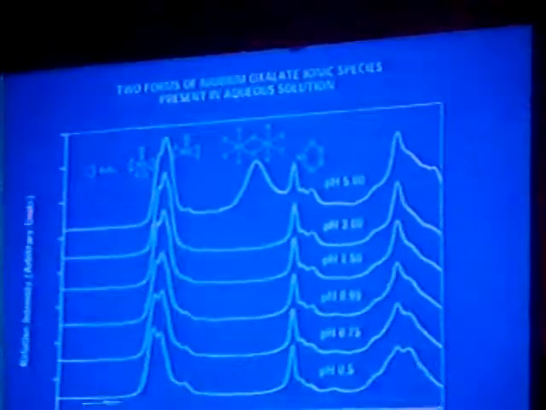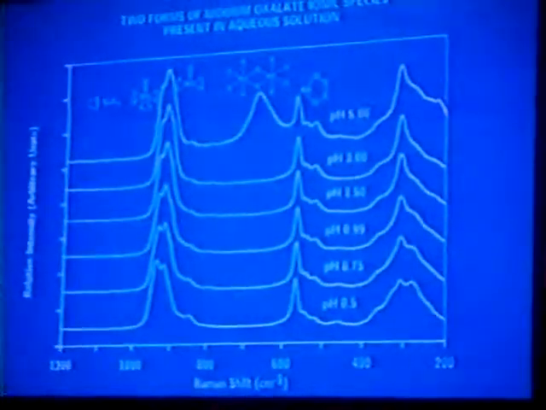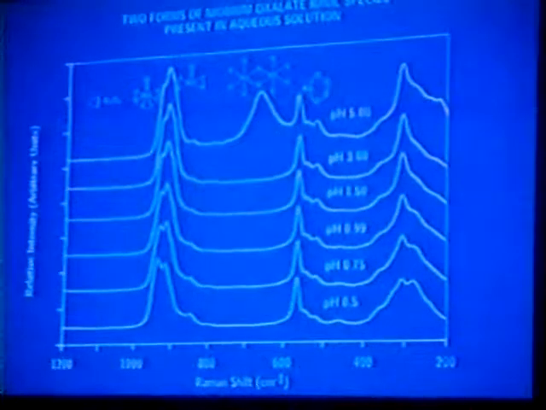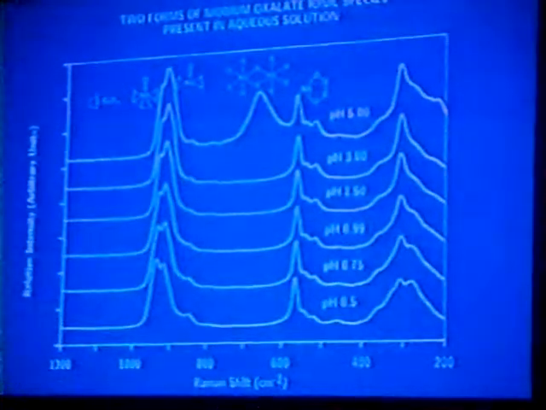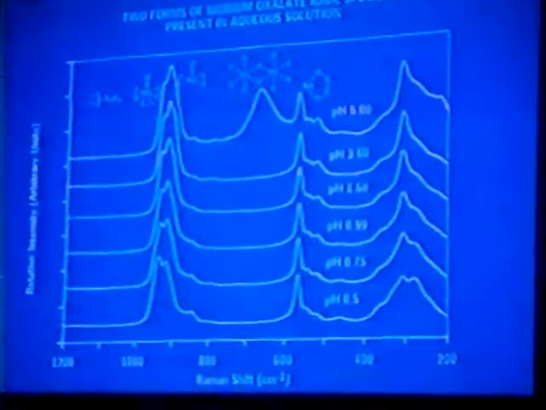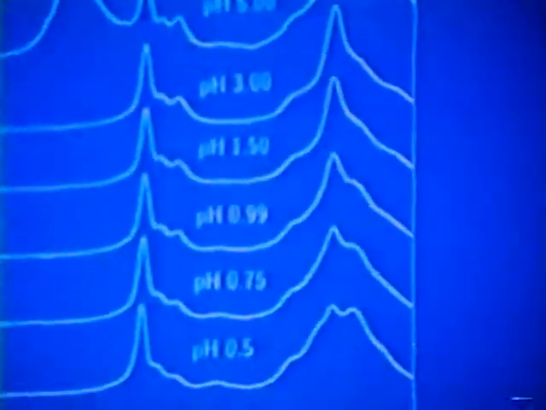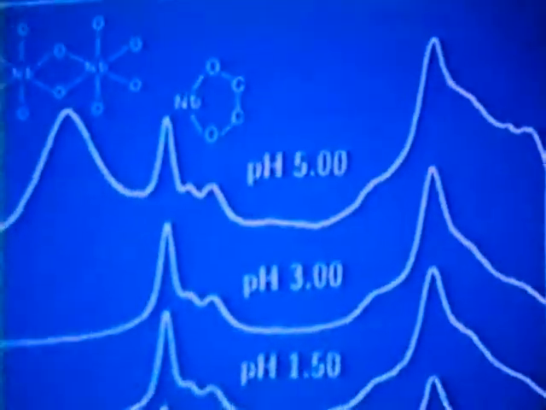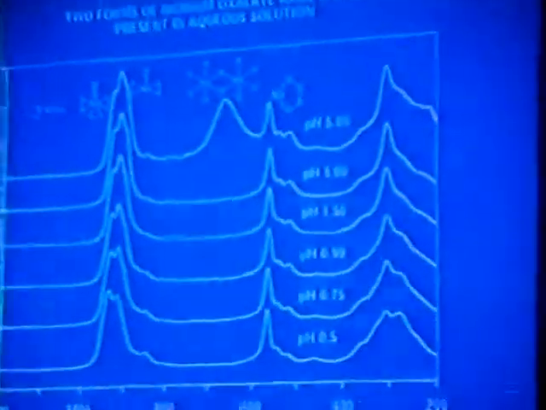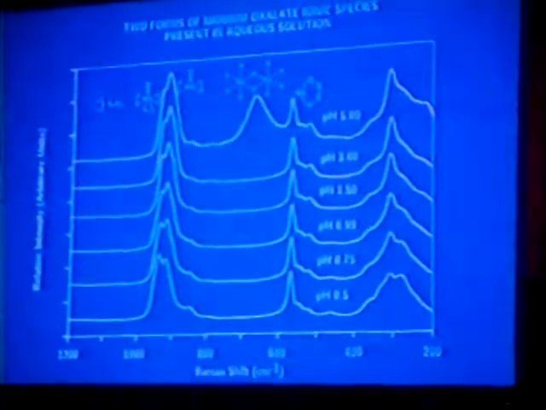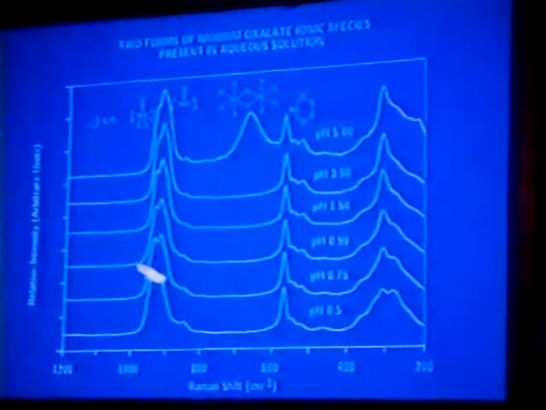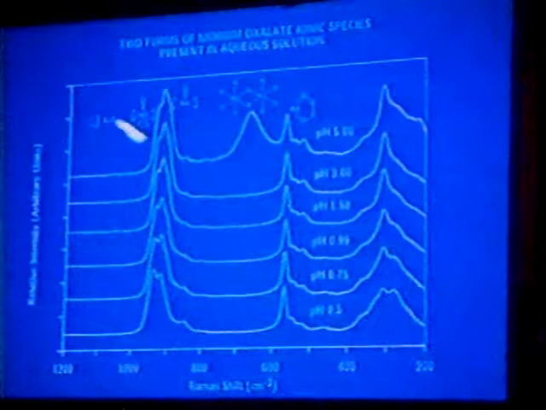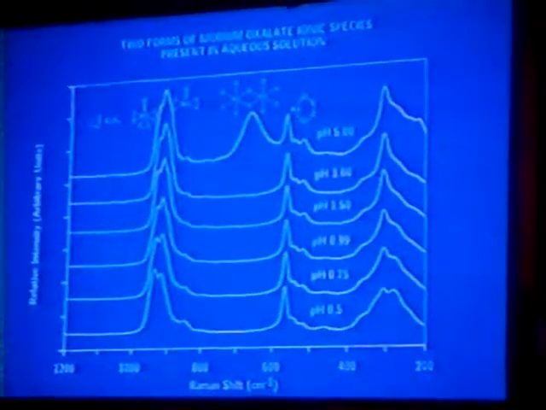And we use Raman spectroscopy to study the solution chemistry of niobium oxalate. We vary the pH from 0.5 to 5 by adding ammonium hydroxide. The Raman spectra show two bands in the high wave number region, and the intensity of these two bands changes with increasing pH. According to equilibria, we assign the band at 930 to 3 oxalate chelated to the niobium metal.